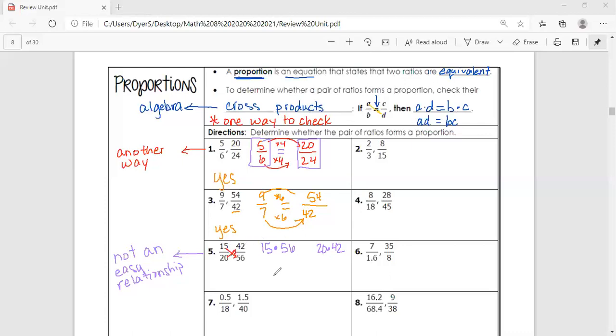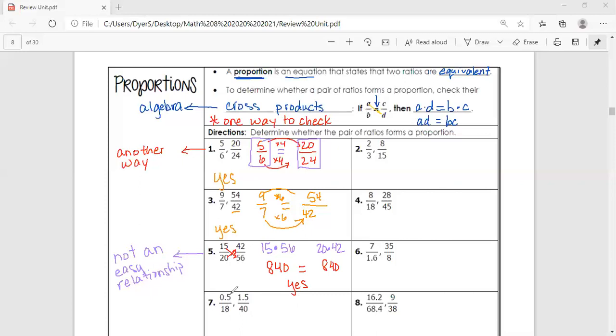So if you do 15 times 56, you get 840. And if you do 20 times 42, you get 840. Those are equal. The cross products are equal. So yes, this is a proportion. All right, let's check the next one then.